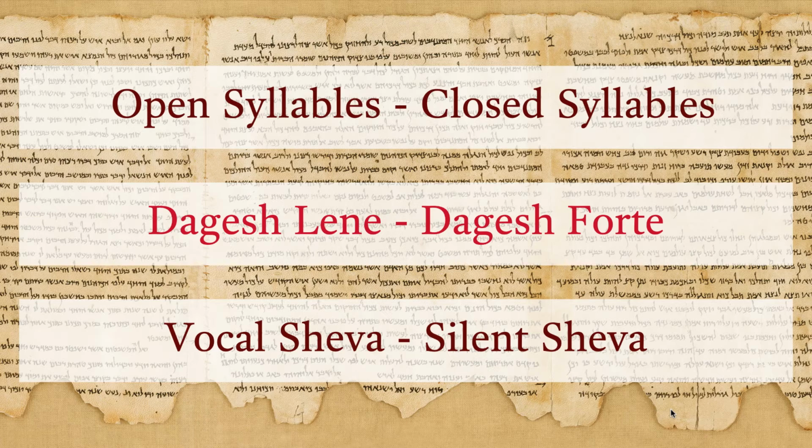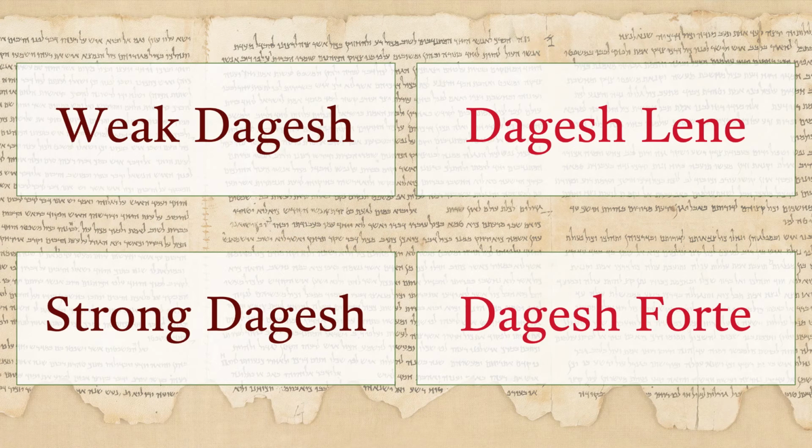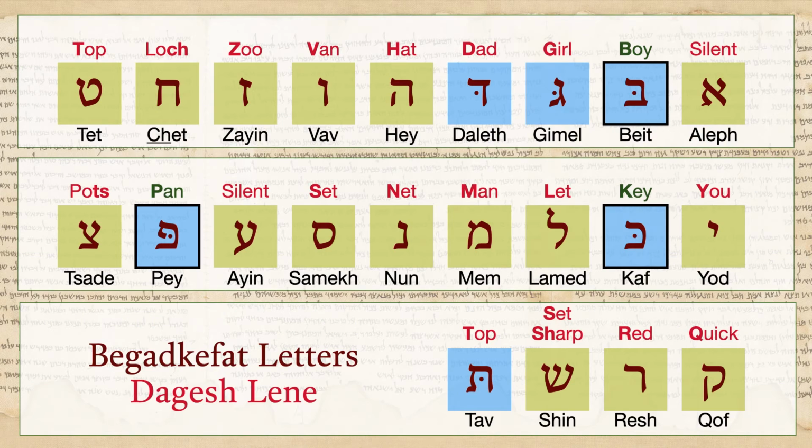Now let's look at Dagesh Lene and Dagesh Forte. Dagesh Lene is known as a weak Dagesh, and Dagesh Forte is known as a strong Dagesh. Dagesh Lene was looked at previously in one of my videos where we looked at the Begad Kefat letters. These 6 letters in blue color here receive a Dagesh, and they cause a change in pronunciation.